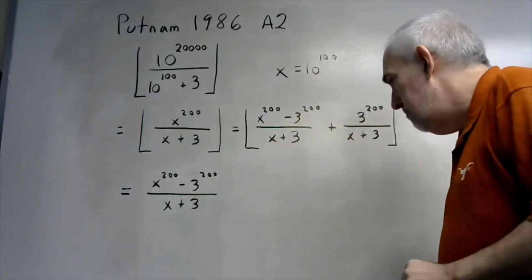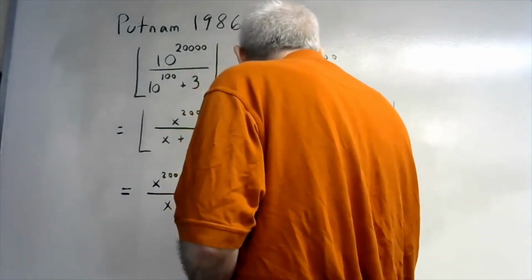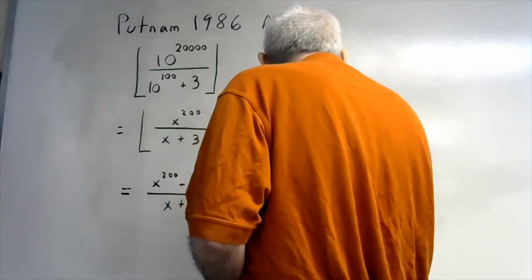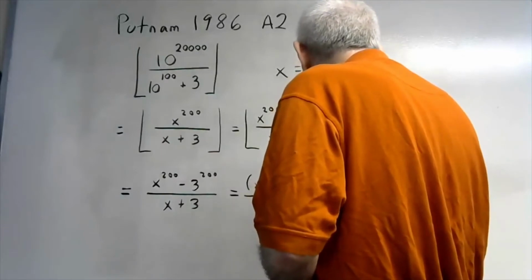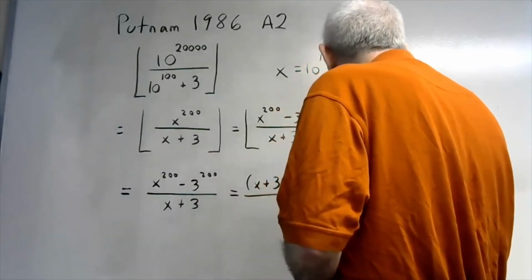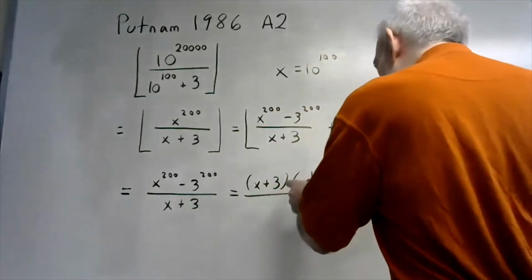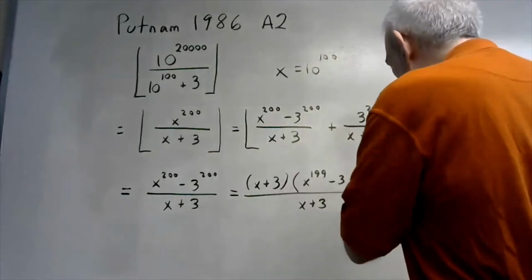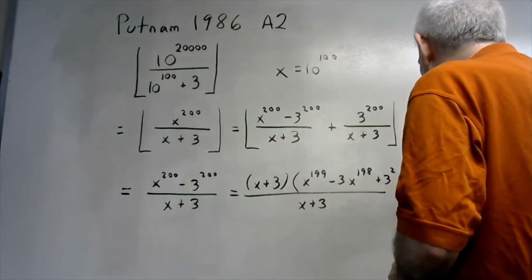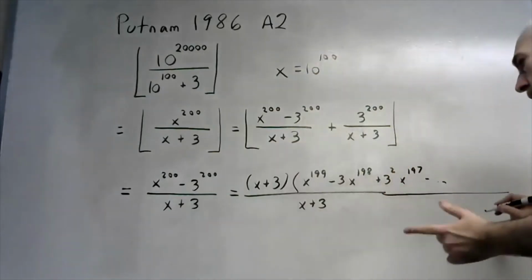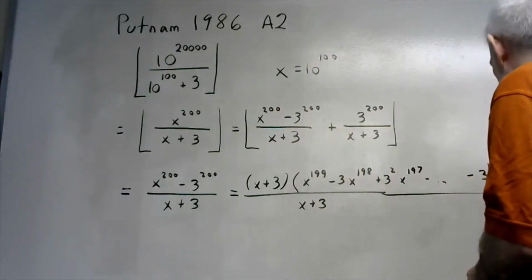So let's continue. Okay. Now I'm going to factor the top using some factoring rules, or you could do long division of polynomials and eventually figure out the pattern. But it's going to be x plus 3 times x to the 199 minus 3 times x to the 198 plus 3 squared x to the 197, and then that's going to keep alternating, eventually ending in minus 3 to the 199.